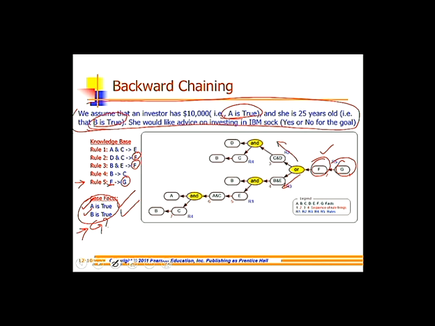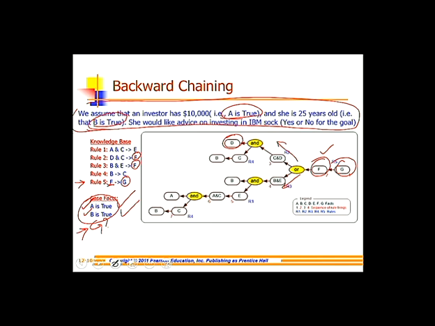So C and D. Again D is not known, and we do not have any rule in which D appears in the then part. So how do expert systems behave in this case? There are two ways.